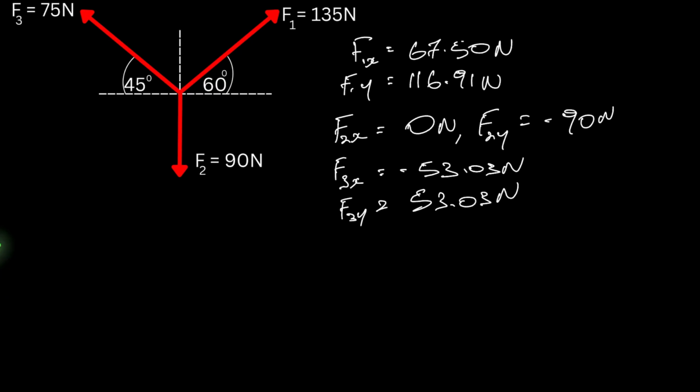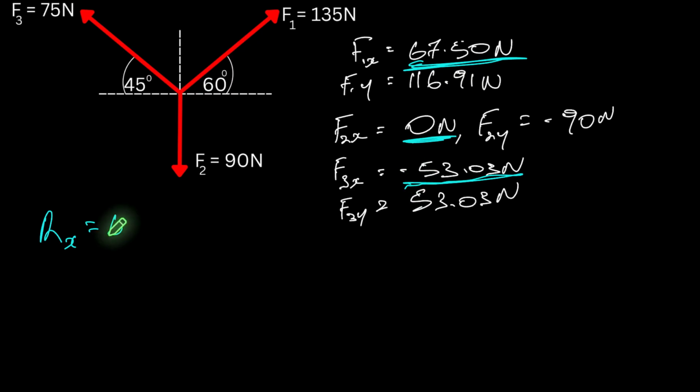So we're going to write R for resultant, Rx for the horizontal components, and add the 67.50 with 0 and with that negative 53.03. Those are the previous answers we worked out for the horizontal force components.